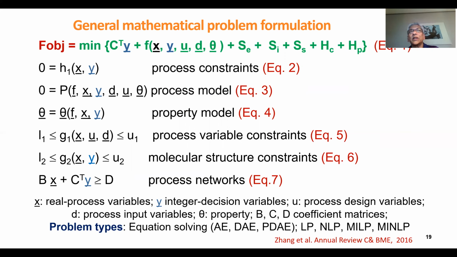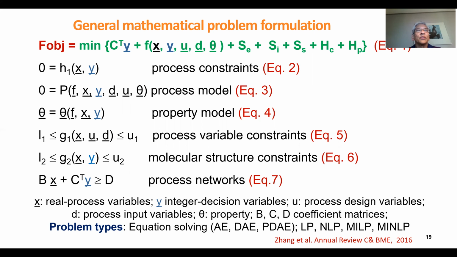And so we have a multi-parametric objective function. The terms S are related to sustainability, H are related to safety. Even though I'm showing them as part of the objective function, I would recommend to use them as constraints rather than in the objective function.